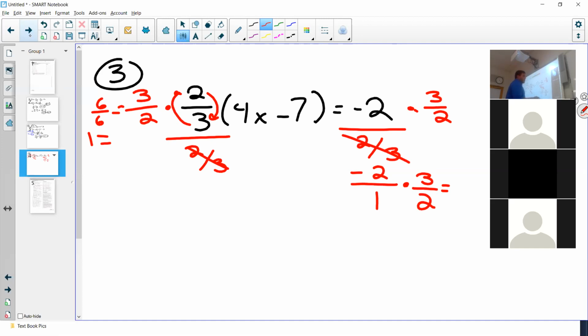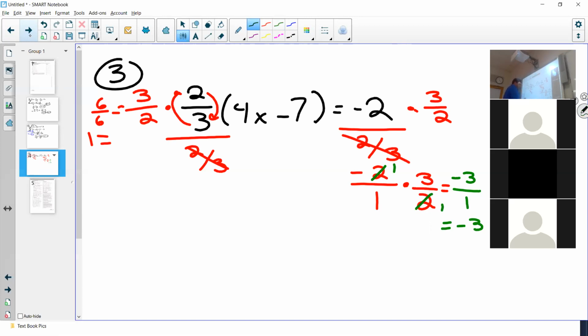If you're savvy, you'll notice I have a 2 on the top and a 2 on the bottom, so I can simplify before I multiply. Both of these are 1. I should say the top is -1. So I got -1 times 3, that's -3, and 1 times 1, that's 1. So that reduces down to -3.